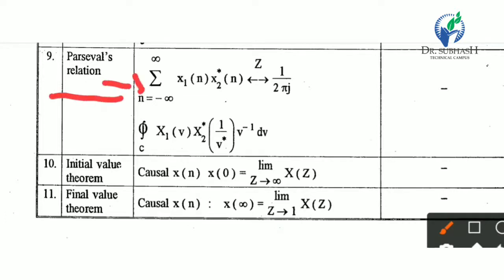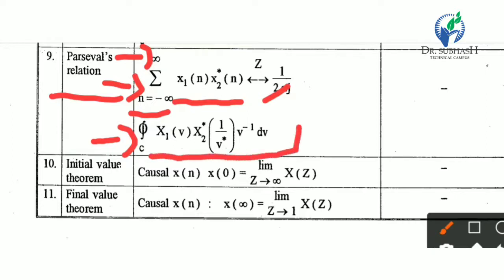Summation n equal to minus infinity to infinity x1 of n multiplied with the conjugate of x2 of n, is 1 upon 2 pi j contour integration X1(v) X2 conjugate of (1 upon v conjugate) multiplied with v inverse dv. So these two properties are very important.